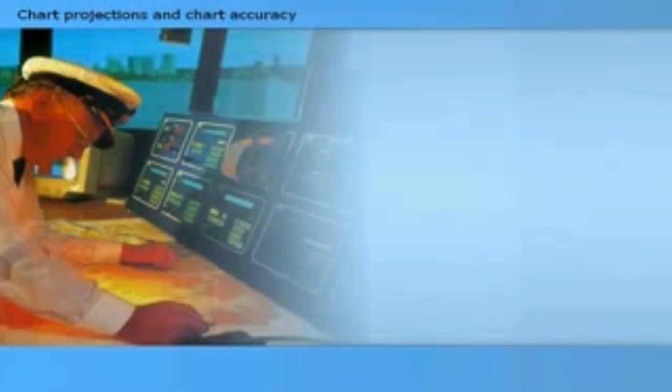Seen from a navigator's point of view, all charts should have been referenced to WGS-84. However, this is not likely to happen for many years. There are several reasons for this. WGS-84 is a relatively new datum.